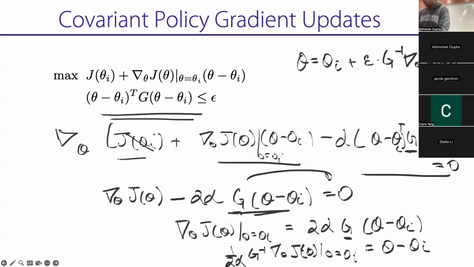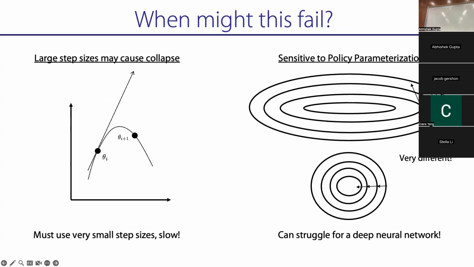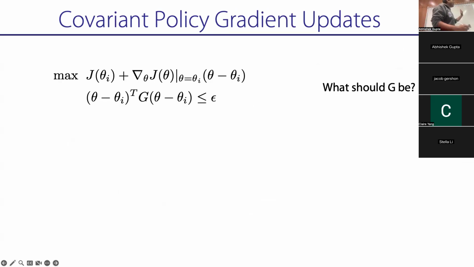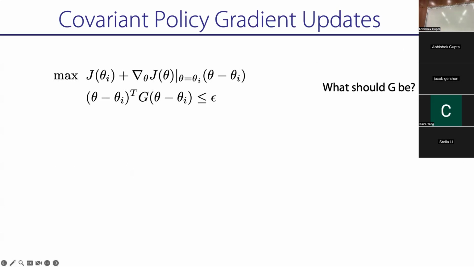Going back to the graphical example, it's taking that gradient and rotating it, depending on the choice of G. We still haven't defined what the choice of G is going to be. But all we're saying is that for some choice of G, we're going to get an update theta is equal to theta I plus epsilon G inverse times the gradient. So it's gradient descent preconditioned by some G.